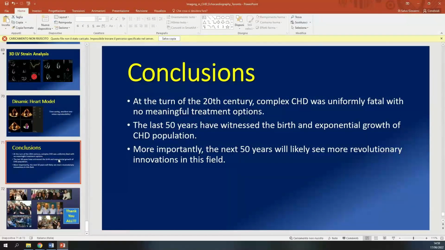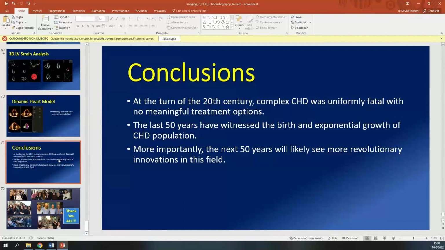But if you have a good window, then I think you should assess the RV by using strain, and this can provide you prognostic value. Nowadays, with the new software and with artificial intelligence, the number of clicks and human interactions is very minimal, so the reproducibility is much better.